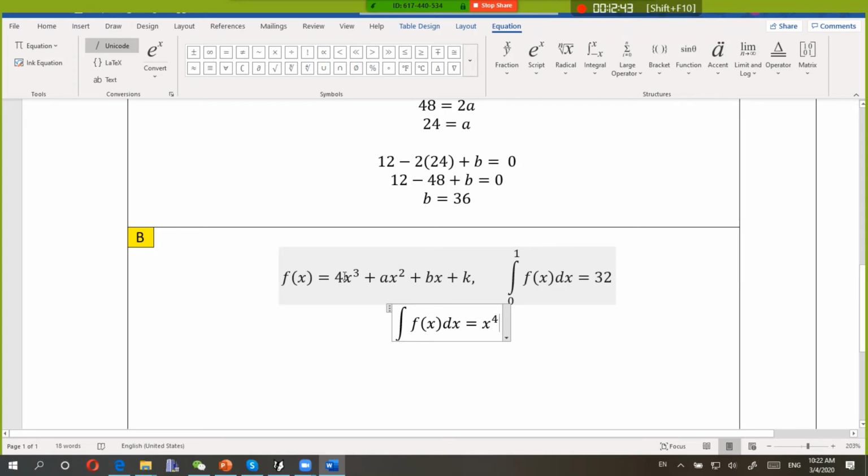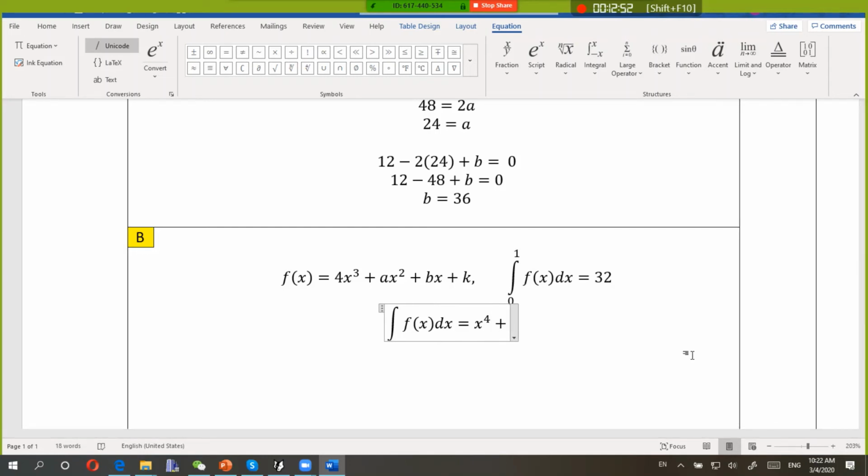So this would be x to the 4th power over 4 times 4, or x to the 4th. Okay, and then the next term? Plus ax raised to the third power over 3. Okay, plus bx squared over 2, plus kx.